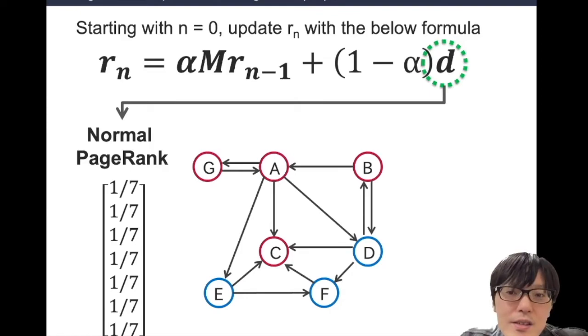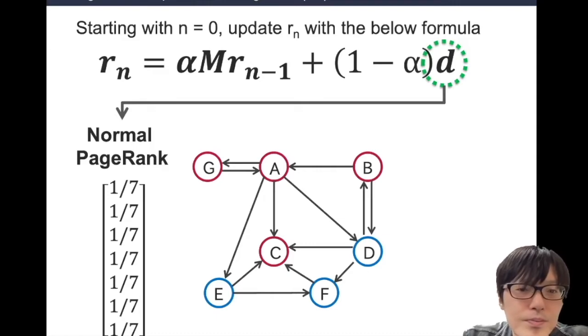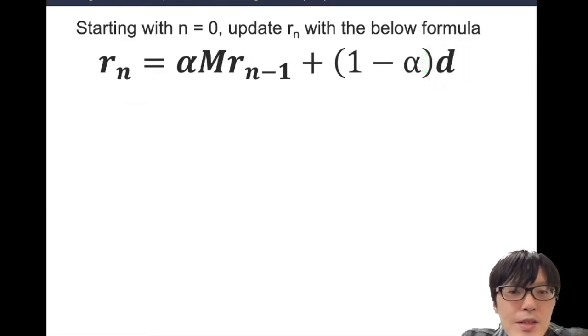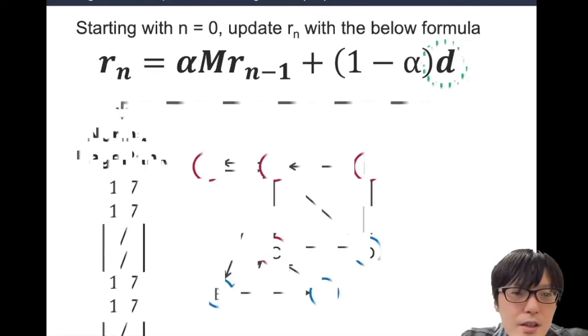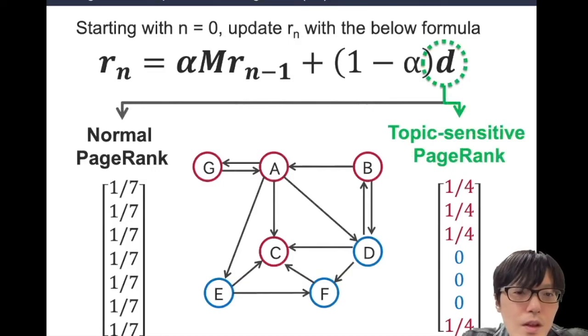When using the normal PageRank, we set the uniform distribution probability on this random subvector. On the other hand, when using the topic-sensitive PageRank, we set uniform distribution probability to only web pages about the target topic on the random subvector, like this.